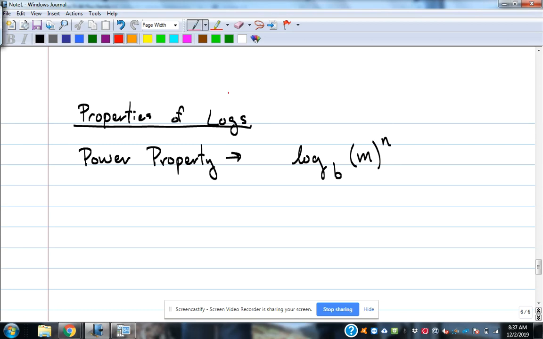The power property says I can take that exponent off of the number or letters that are being taken the log of, put it down in front, and make it a multiplication problem.